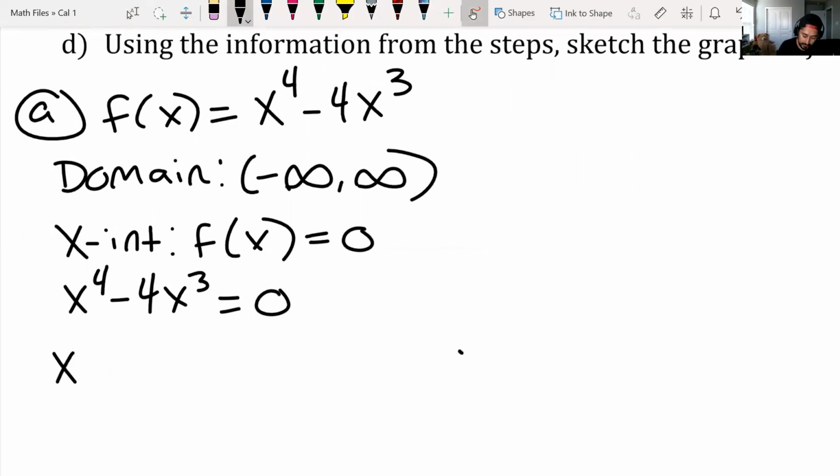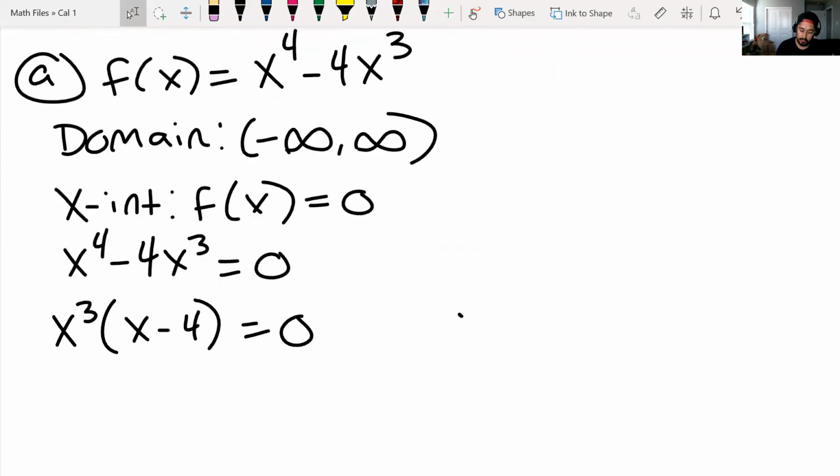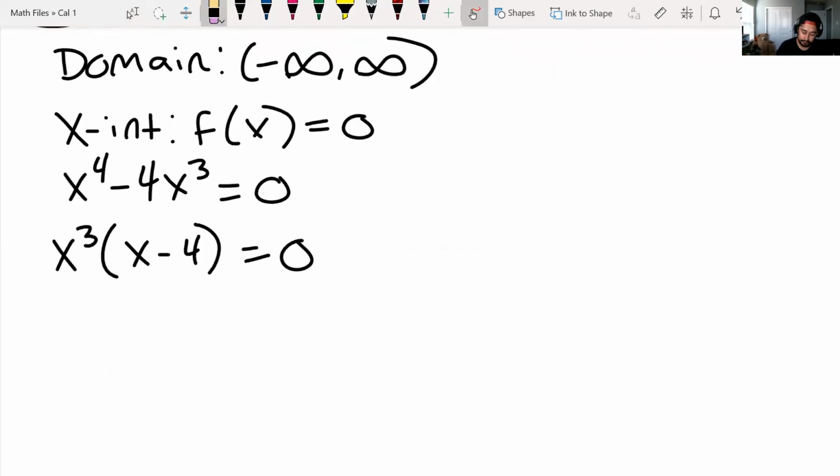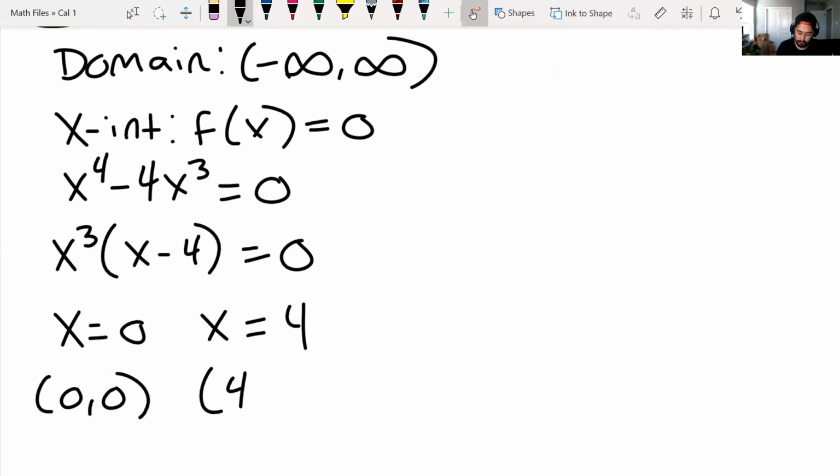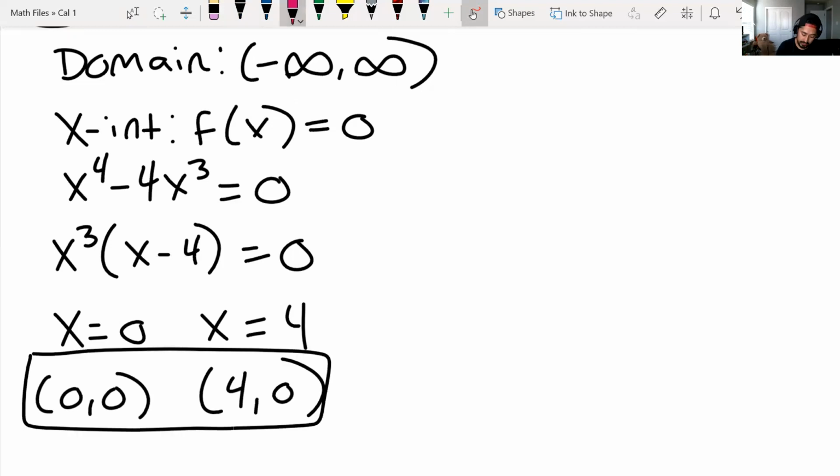So this is step A. I can take out an x cubed, which would leave me with x minus 4 equal to 0, which means it's completely factored. I would get an x-intercept at 0, and an x-intercept at 4, which means the points (0, 0) and (4, 0). These are my x-intercepts.